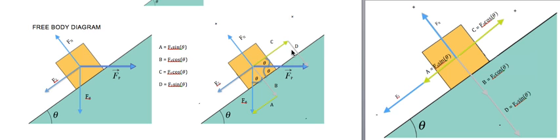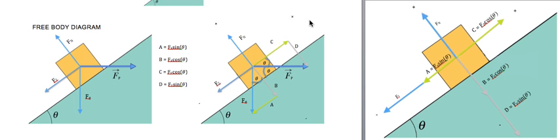So that's how we get this angle to be theta, and then with that we just say that C is equal to FP cosine theta and D is equal to FP sine theta, based on our knowledge of trig functions.